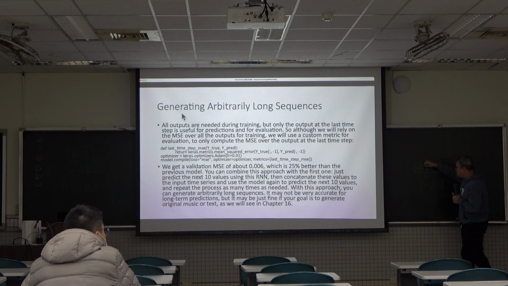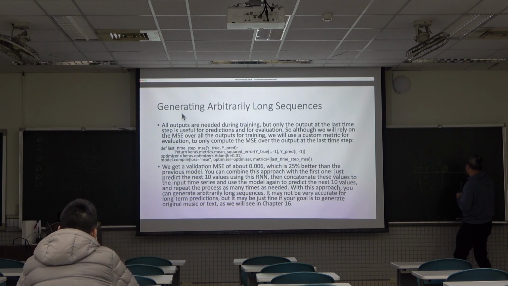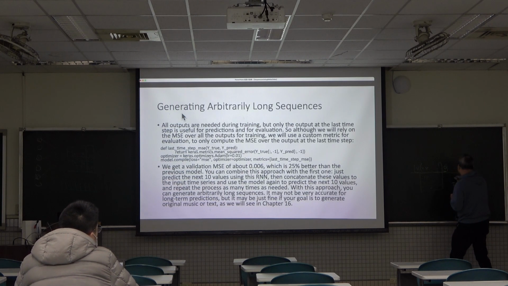This is going to be used for training, but for evaluation, when it comes to evaluating the model, the only thing that matters is, because eventually, say we have the first 50 elements.